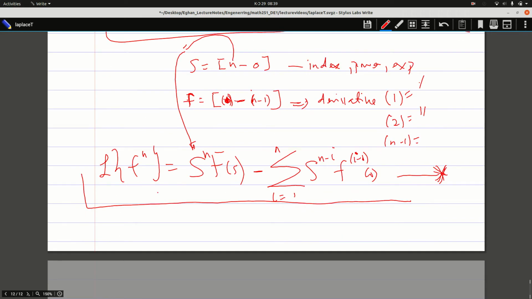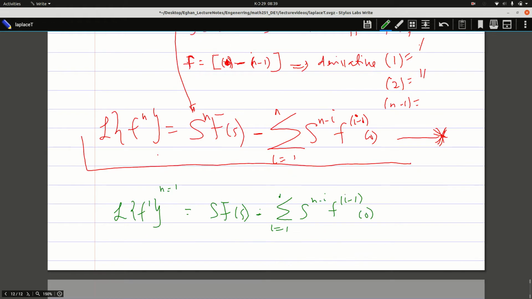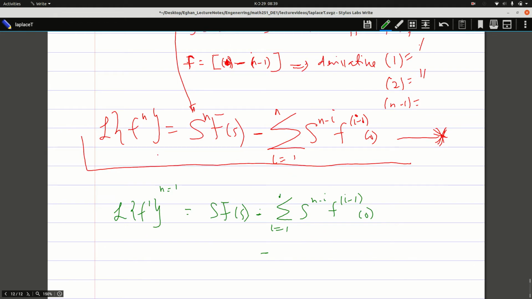Let's do the verification. You realize that if I want to find f1, that means n is equal to 1. I'm going to get s to the power 1 times F of s, minus the summation with i running from 1 to 1 of s to the n minus i, f to the i minus 1 of 0. Since i is just running from 1 to 1, it means I'm taking n as 1.